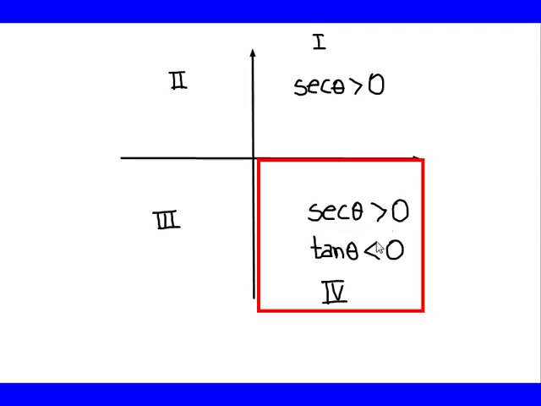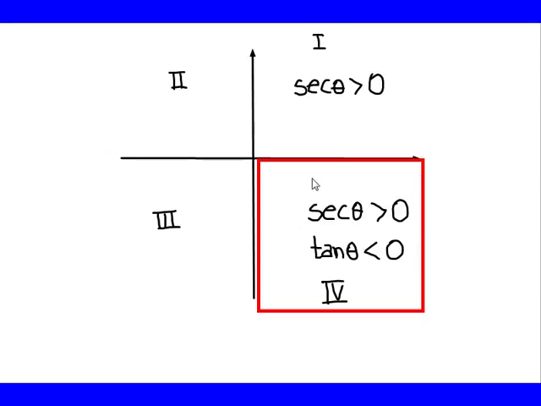Ladies and gentlemen, it's the fourth quadrant, because when we come down below the x-axis, the y values are negative. So in this case, the opposite over the adjacent will be negative over positive. So the tangent is negative in the fourth quadrant, but the secant is positive in the fourth quadrant. So now we know where to draw our representative right triangle with our terminal side making an angle theta with the x-axis.